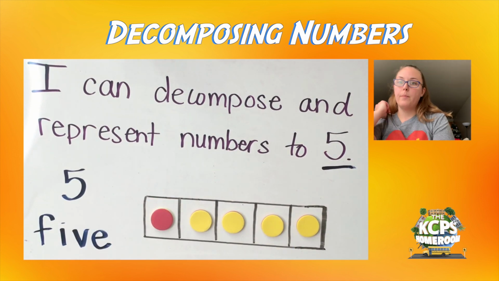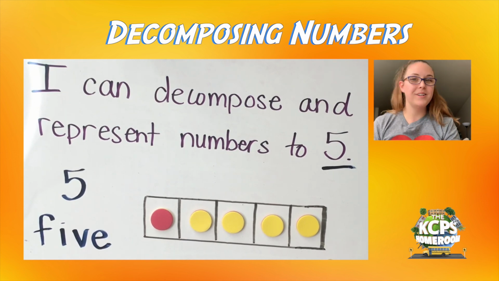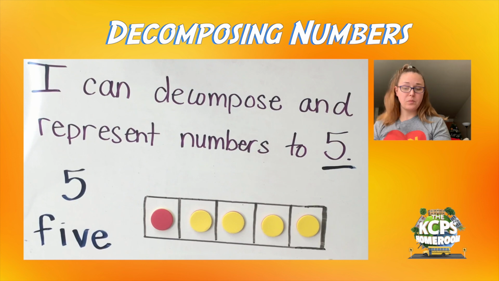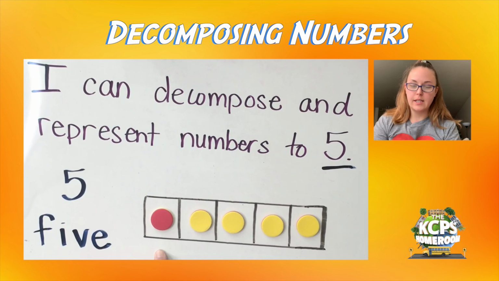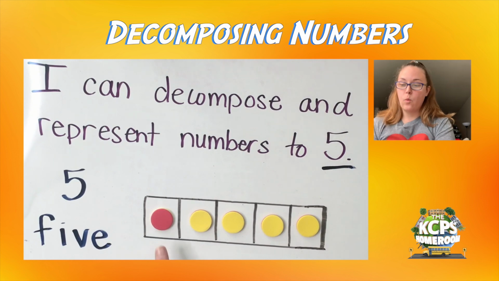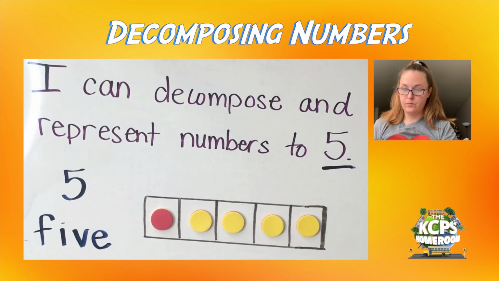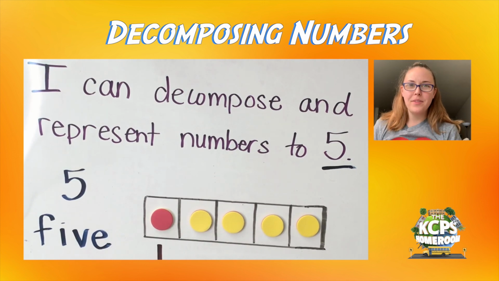Okay, and I'm going to put mine in my 5 frame. And what we know about this 5 frame is that when it's full, that's 5. So we don't have to count them anymore. What we do have to count are the parts of 5. So how many red counters and how many yellow counters do you see on my screen? I count 1 red counter, right? Can you count the yellow counters for me?